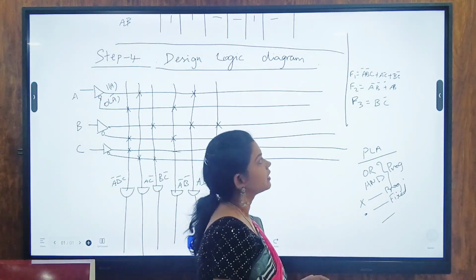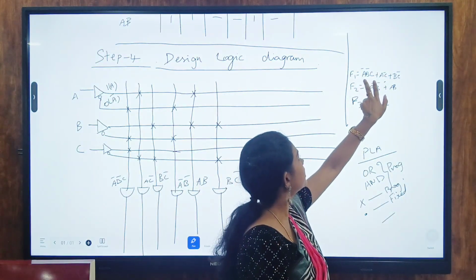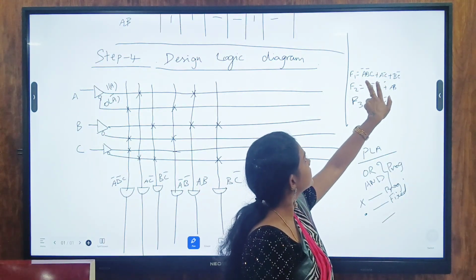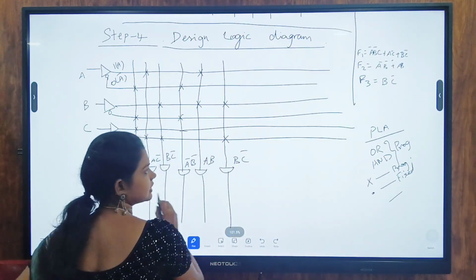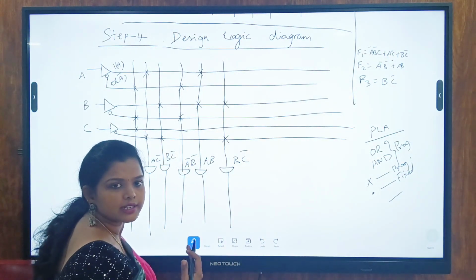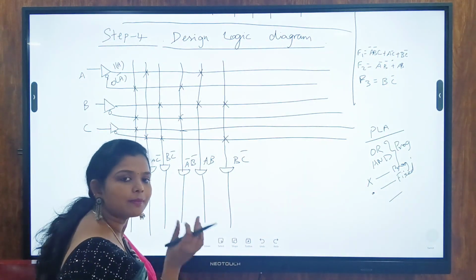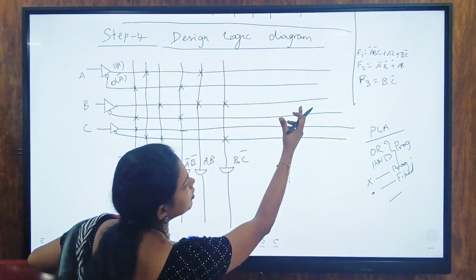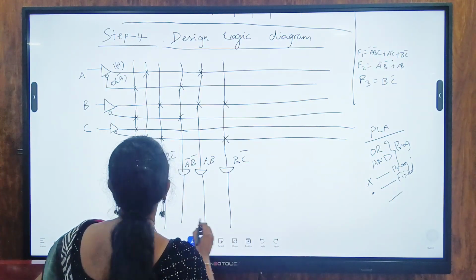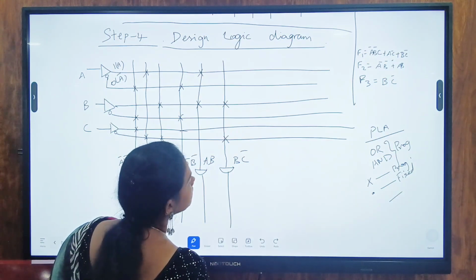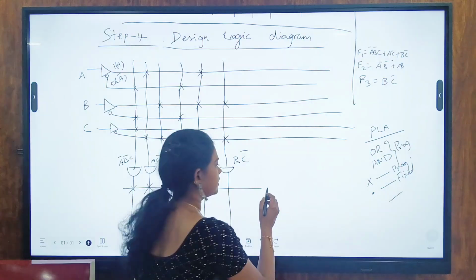Next, the sum. That is F1. What product terms are available in F1? A bar, B bar, C bar, A, C bar, and B, C bar. I am going to mention them. Again, the AND gate and OR gate arrays are programmable, so I mention a cross if the term is present in F1.